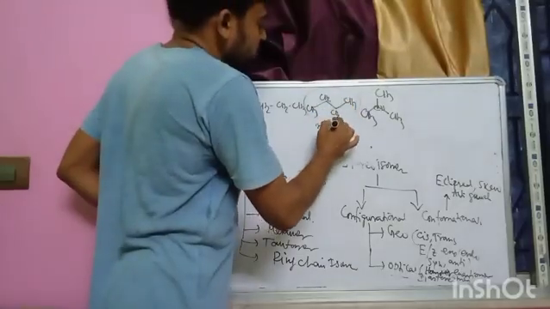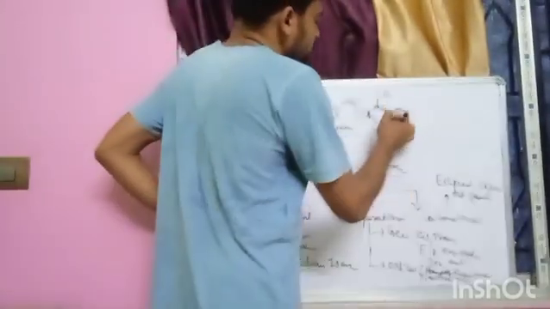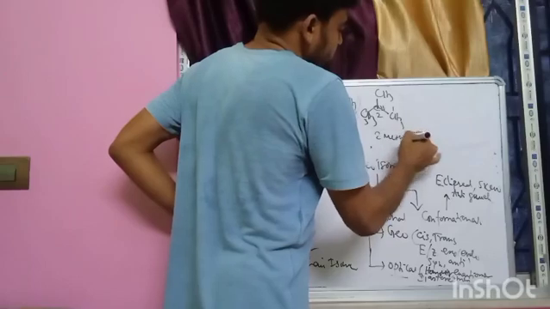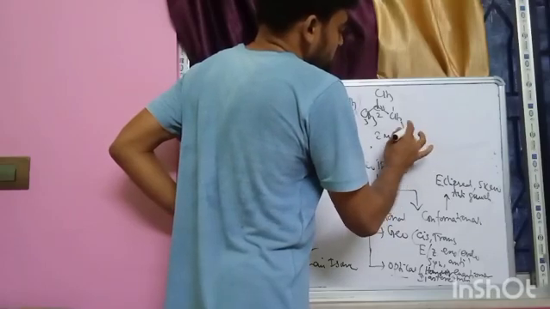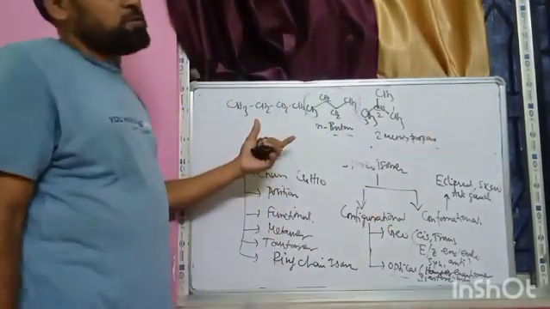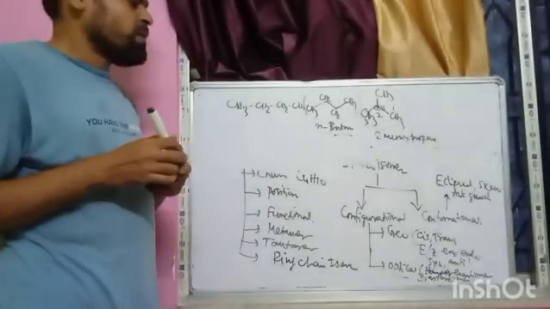It is called n-butane or normal butane, and the other is called 2-methylpropane. These are called structural isomers, but especially they are called chain isomers.